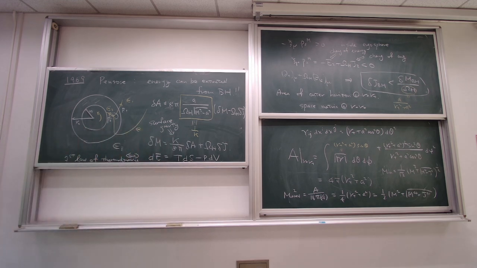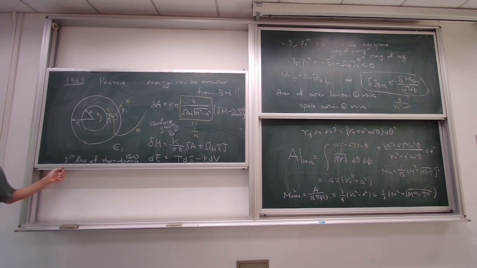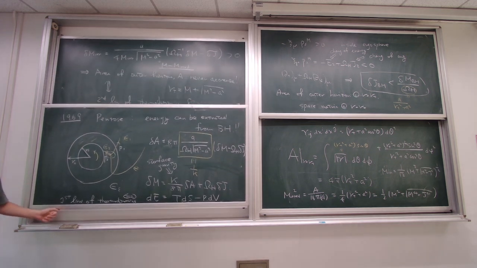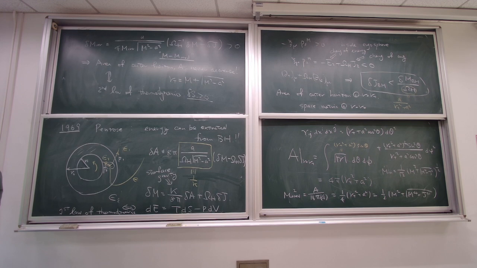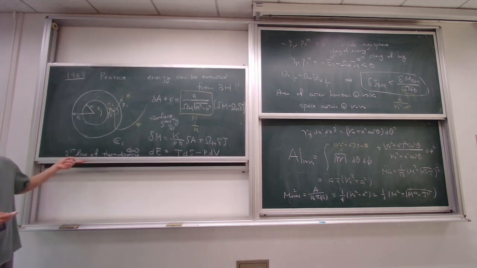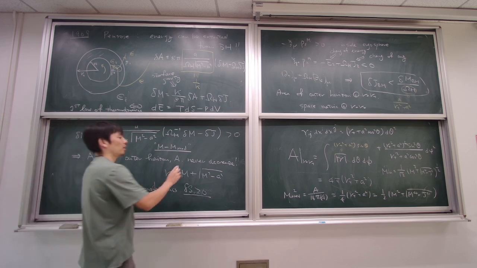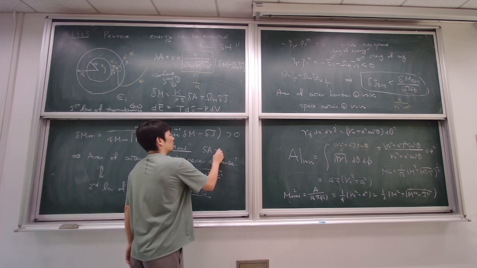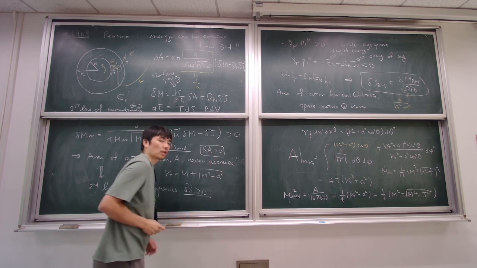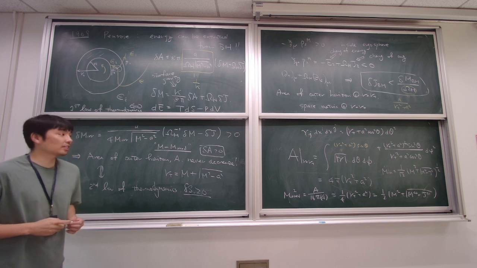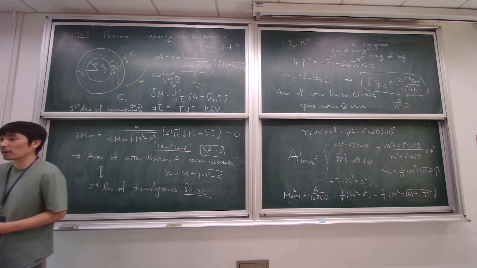So if you consider the Penrose process, naturally the analogy to black hole thermodynamics will appear. This is kind of magical. And in fact, area never decreases, so delta A is non-negative. This is one specific example called the Hawking area theorem.